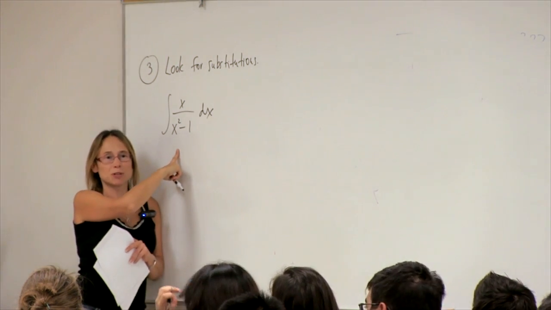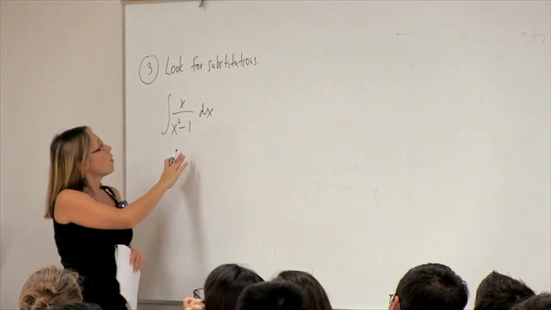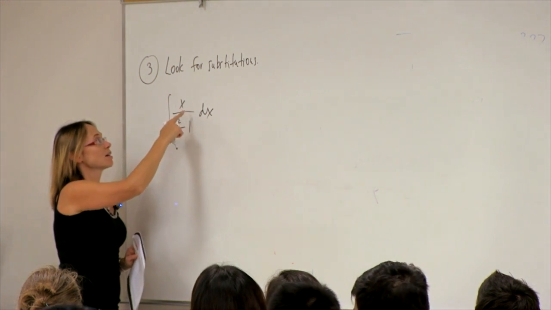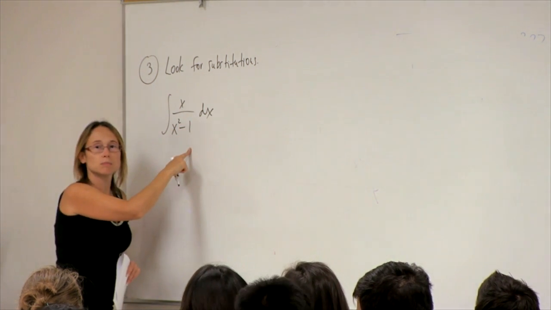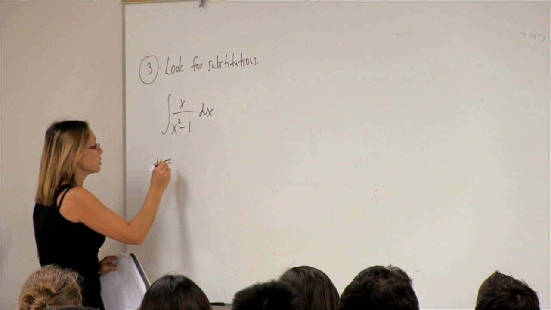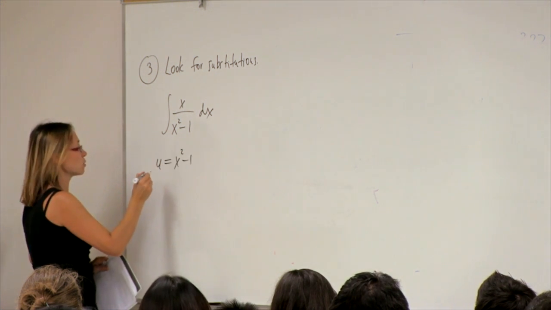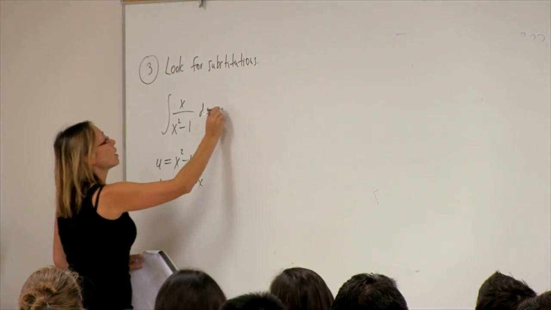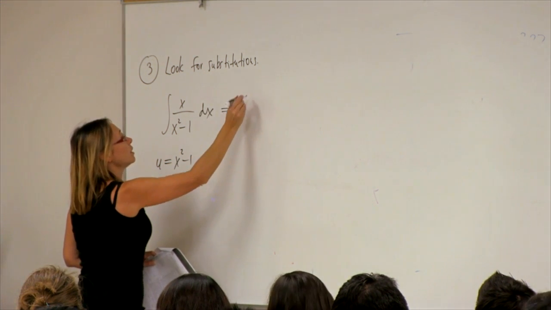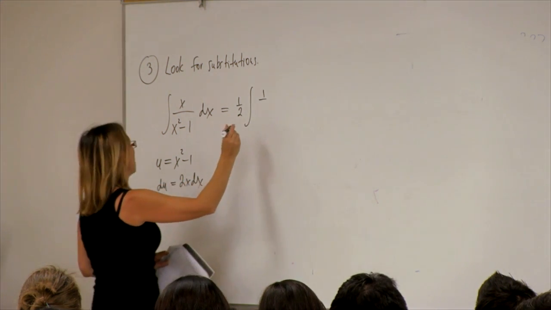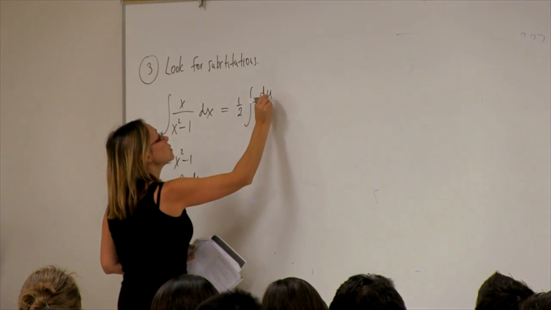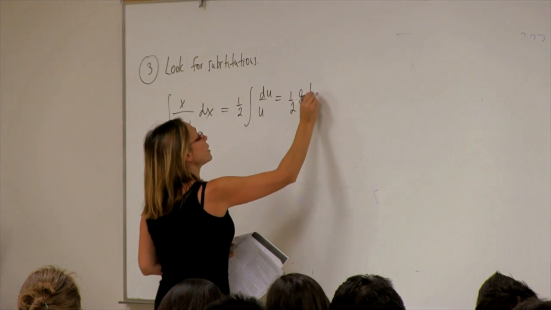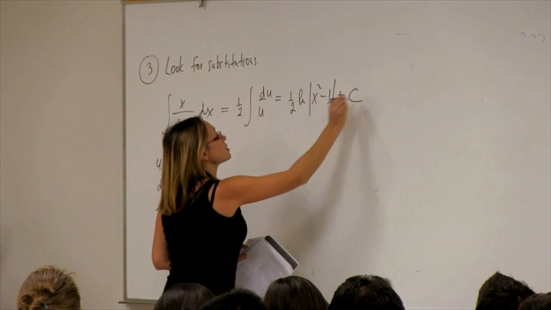It looks very simple, and it is pretty simple. But there are at least two ways. One is to recognize that x is proportional to the derivative of the denominator. So I can use the substitution u equals x squared minus 1. So du is 2x dx. And I can rewrite it as 1/2 times 1 over u du. So that gives me 1/2 log of x squared minus 1 plus c.